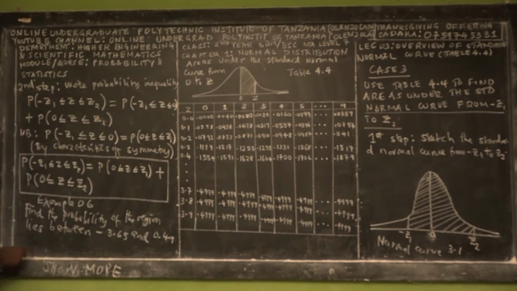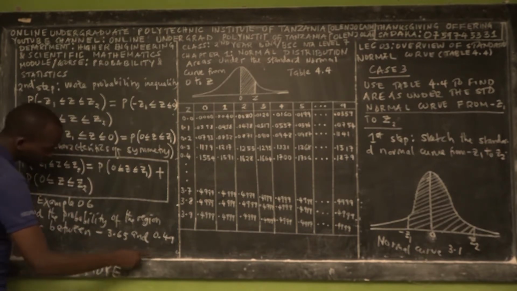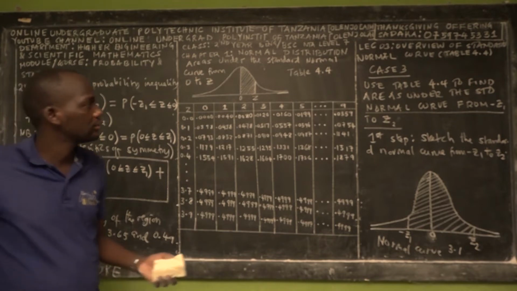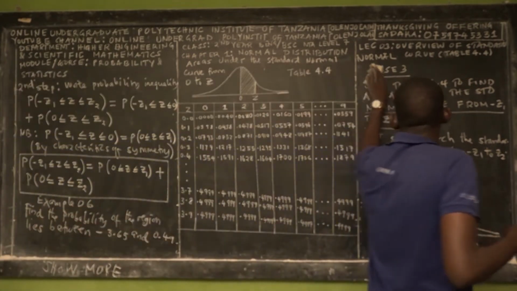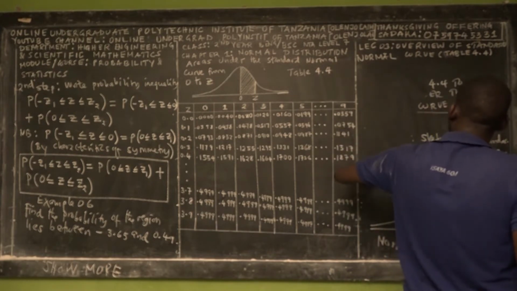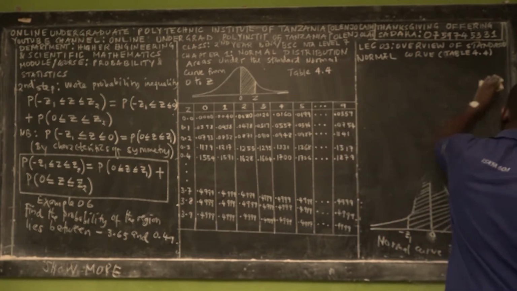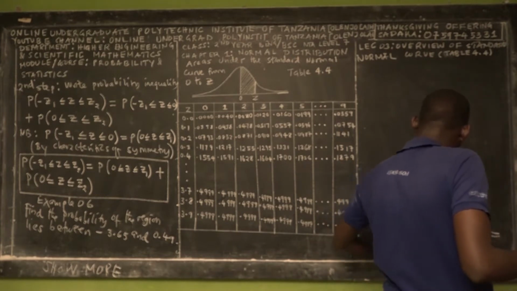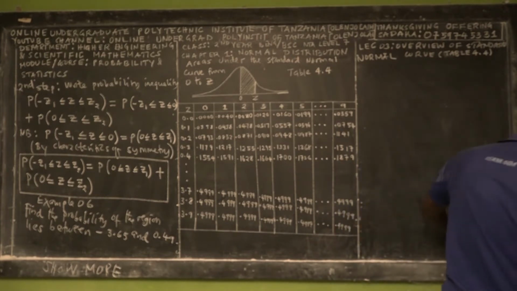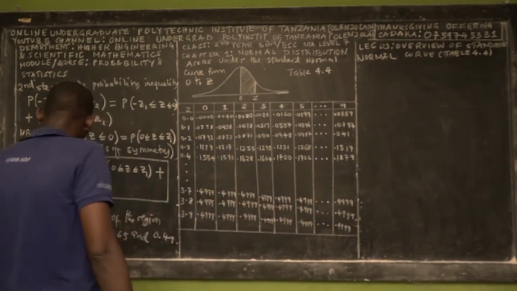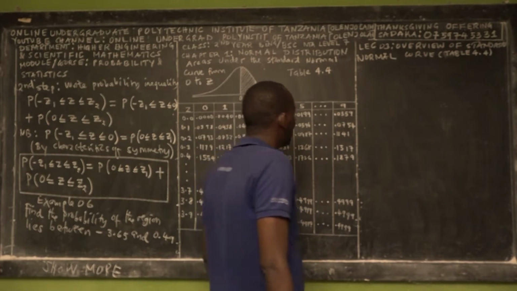So find the probability of the region that lies between -3.65 and 0.49. So that is a practical question on how we can use Table 4.4 effectively to find the area under the normal curve within that given region.